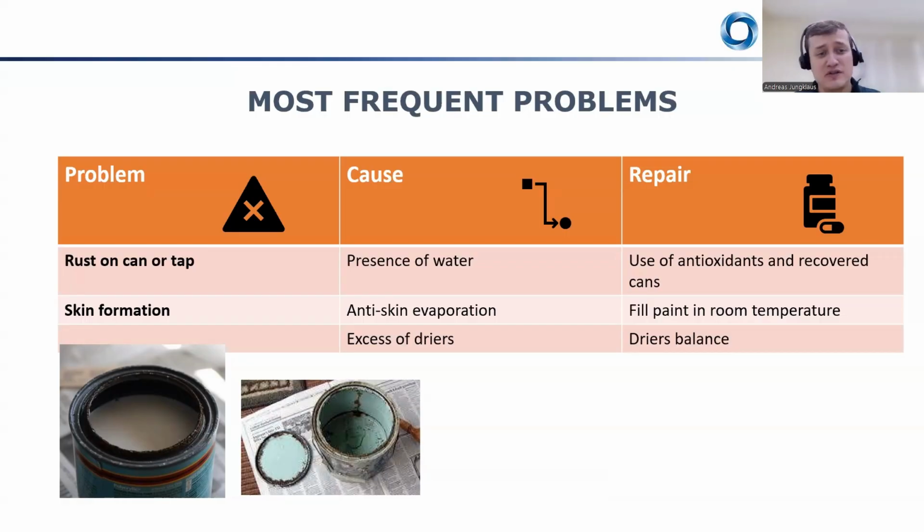The charts highlight several recurrent problems in emulsion and paint formulations. One instance is corrosion and skin formation, often due to the presence of water, solvent evaporation, or excessive use of dryers. These issues can be corrected by using antioxidants, adjusting dryer levels, handling paints at proper temperatures, and so on.